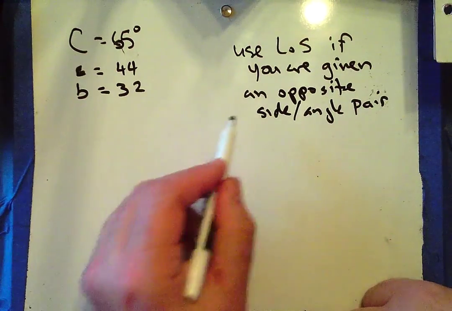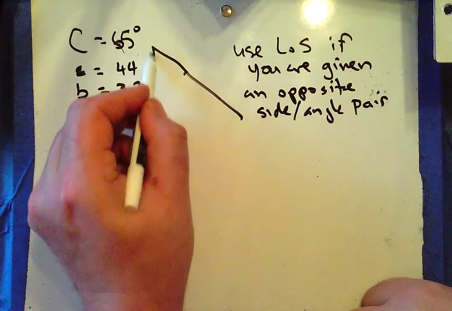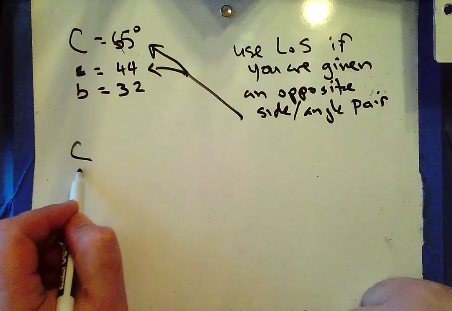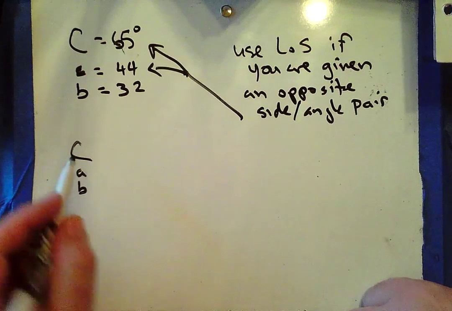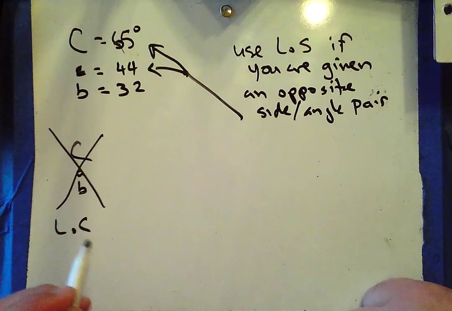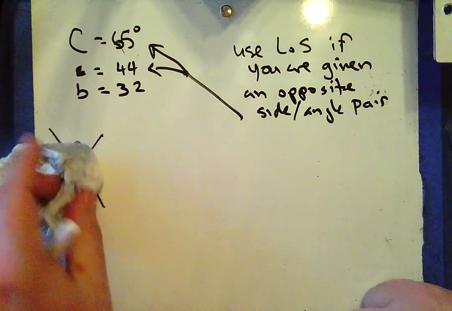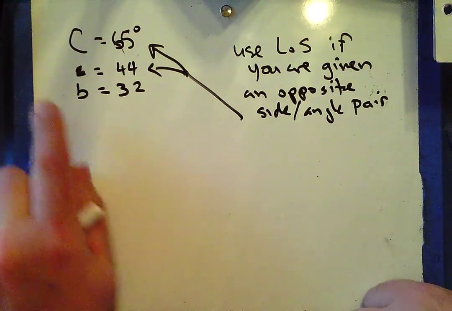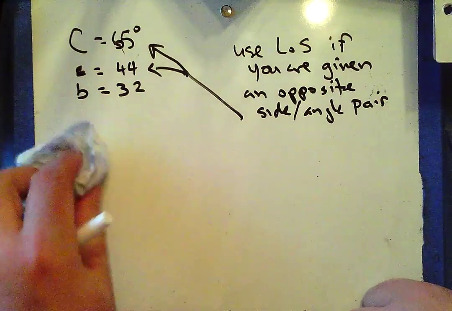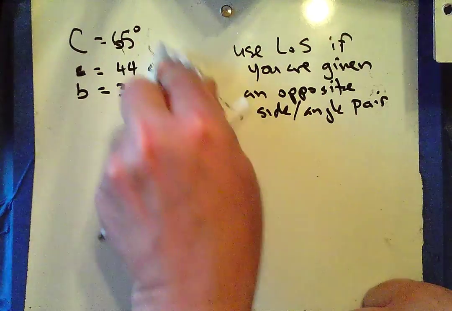And by that, I mean, look, we're given both big C and little c. If I had been given big C, little a, little b, then I can't use law of sines. That's a law of cosines situation, and we'll talk about that next week. Right now, anytime I'm given an opposite side angle pair, I know I'm going to be using law of sines.